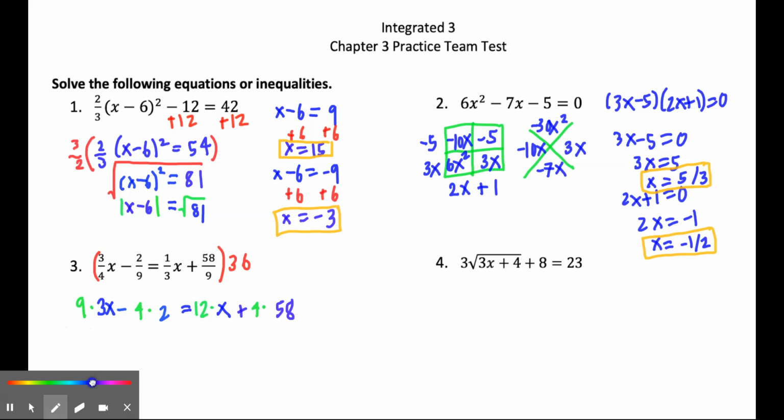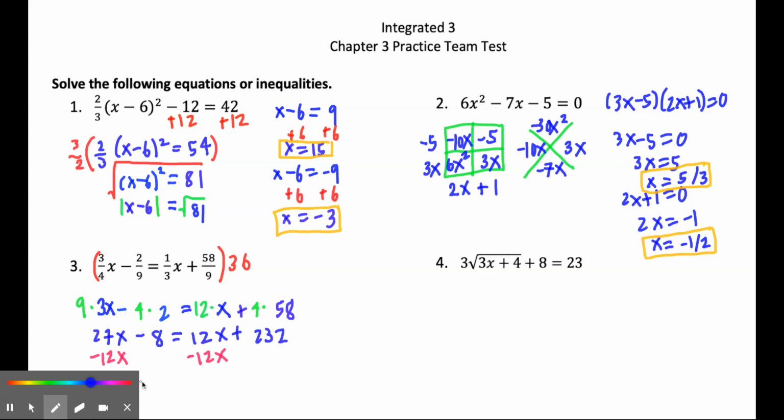And then now you just solve this equation. So 9 times 3x is 27x. 4 times 2 is 8. And you have 12x. And then 4 times 58 is 232. And then you want to subtract 12x from both sides.